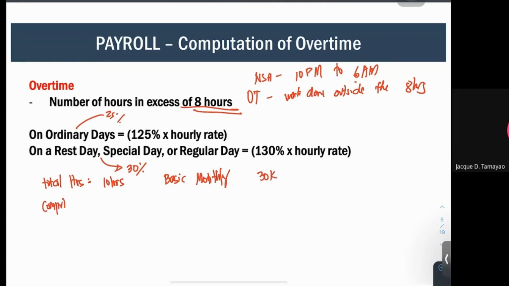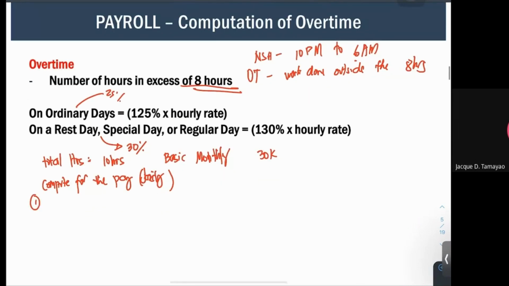Compute for the pay daily with the overtime of 10 hours. Okay. On our first solution, we make use of 25%. On our second solution, we make use of 125%. Okay. So let's assume it's an ordinary day.